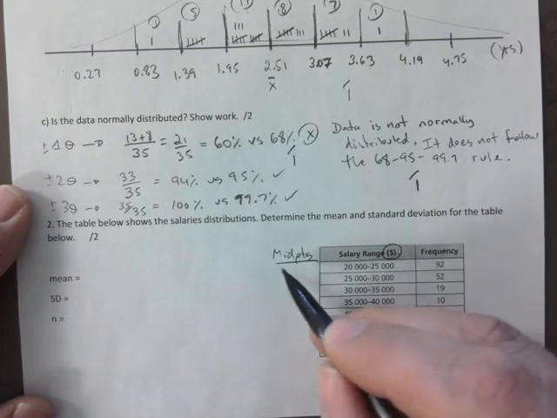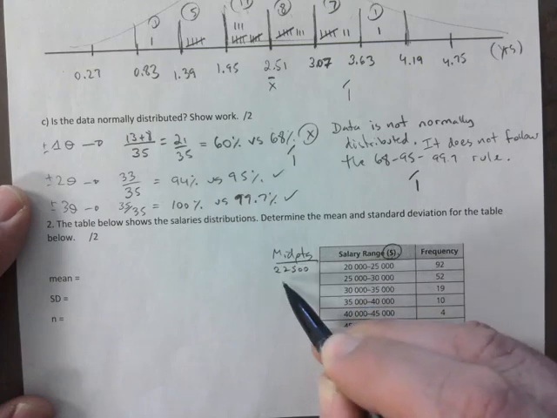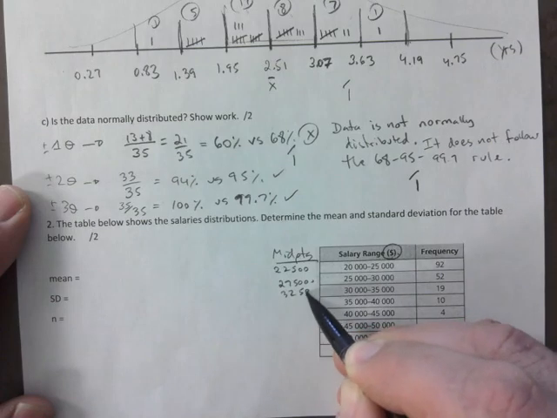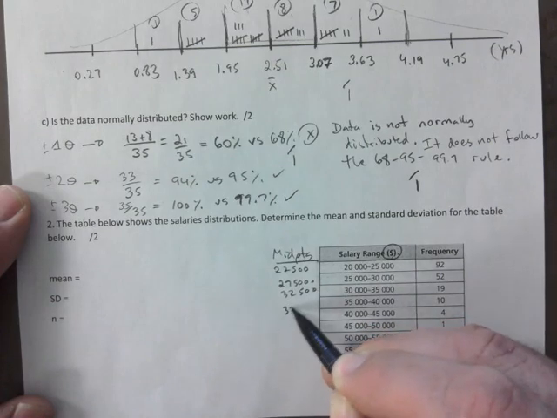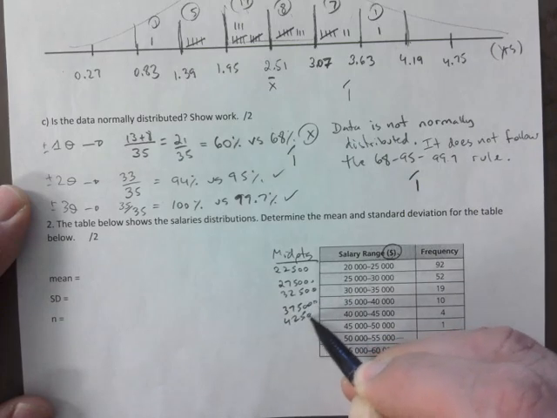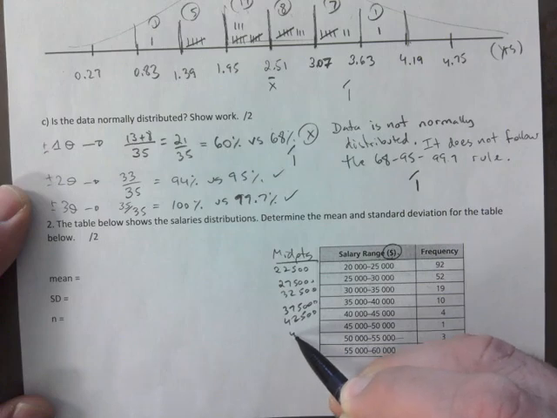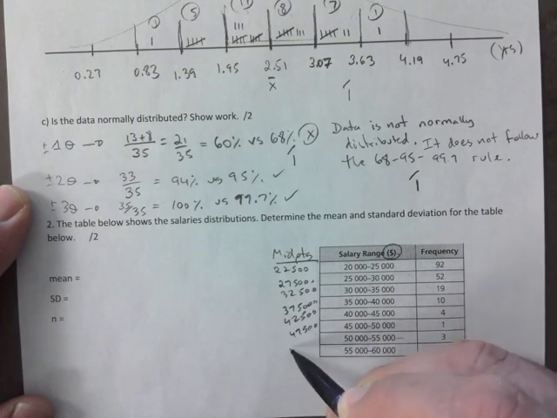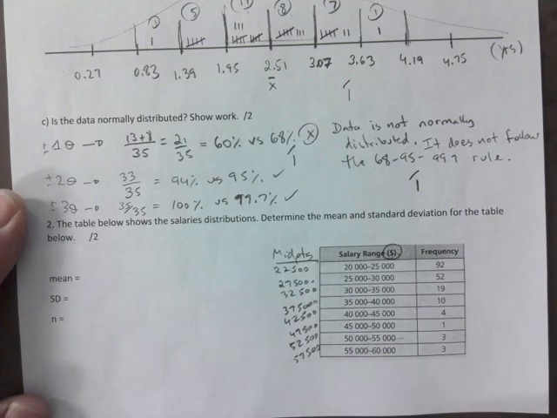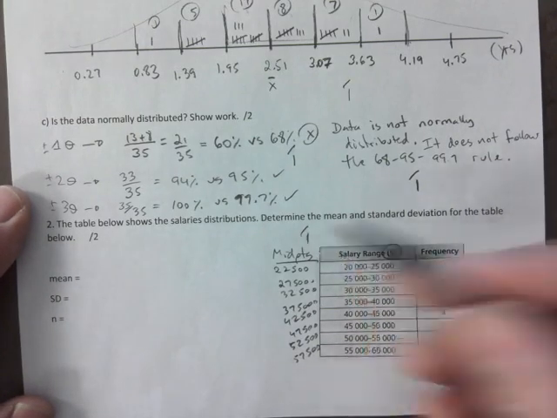And the midpoints would be 22,500, 27,500, 32,500, 37,500, 42,500, 47,500, 52,500, and 57,500. Okay? So if you have that, I give you a mark for the midpoints.